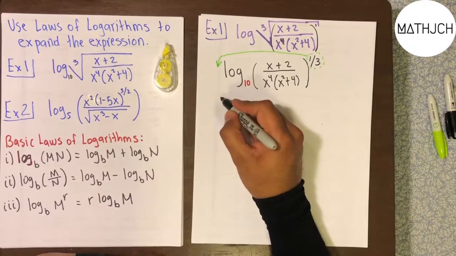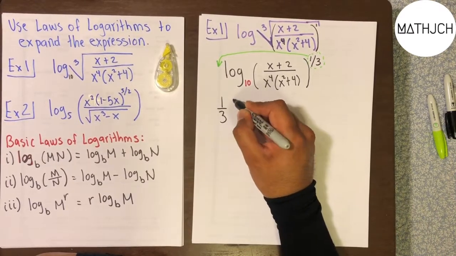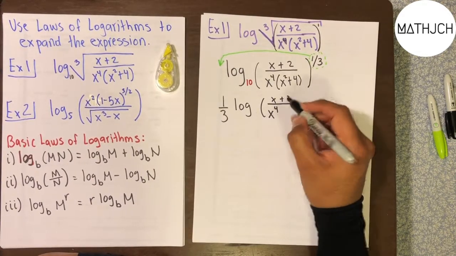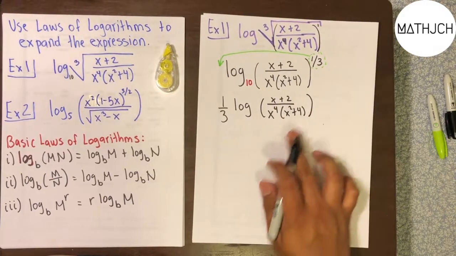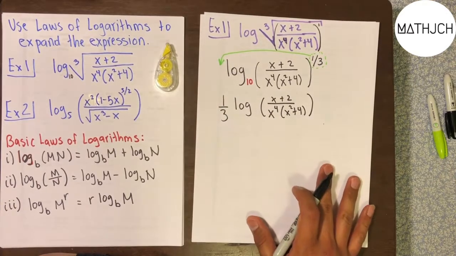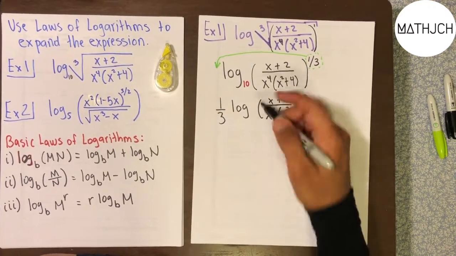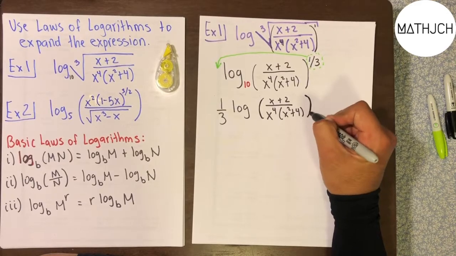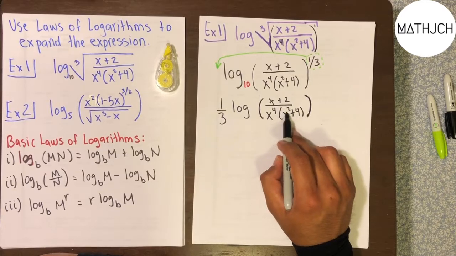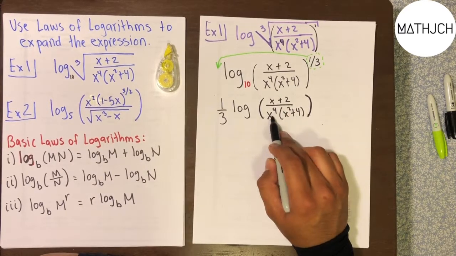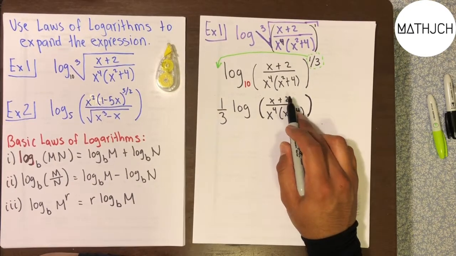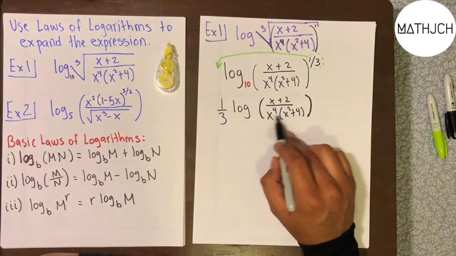So let's do that. We could rewrite it as 1/3, and then let's write everything the same, now without the power. Now this power 1/3 goes into the front here. Now let's check what's inside of the big parentheses. We have x plus 2 as the numerator, divided by these two terms, the x power 4 and x squared plus 4. So we have a division and a multiplication in the denominator.